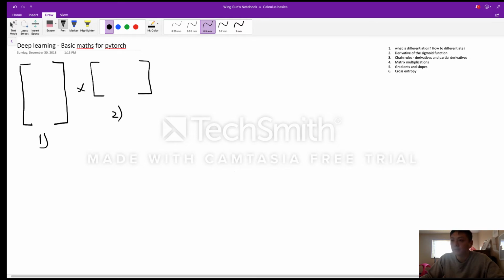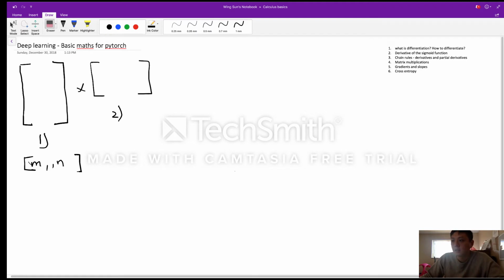Let's assume that this is a 2D matrix, so you've got the row and the column. Excuse me, let me rewrite this.